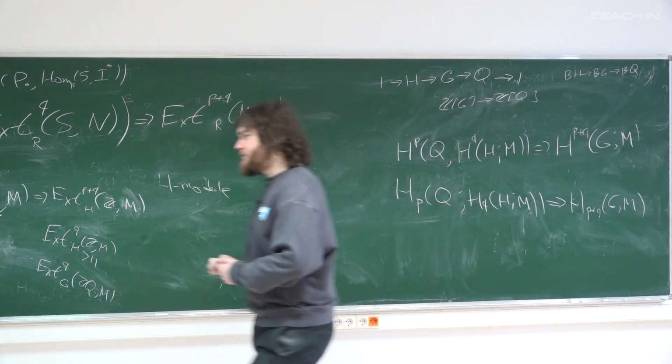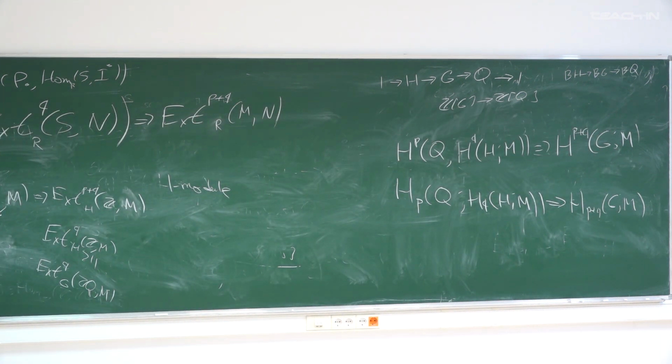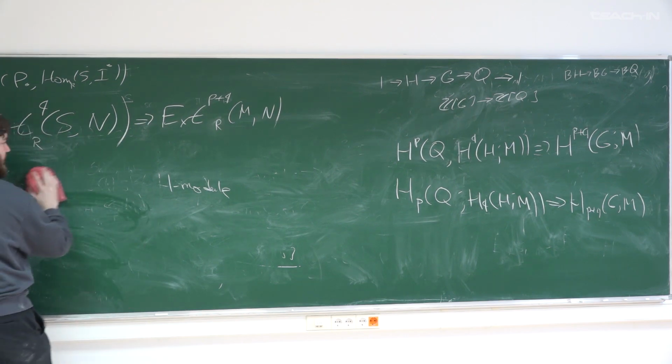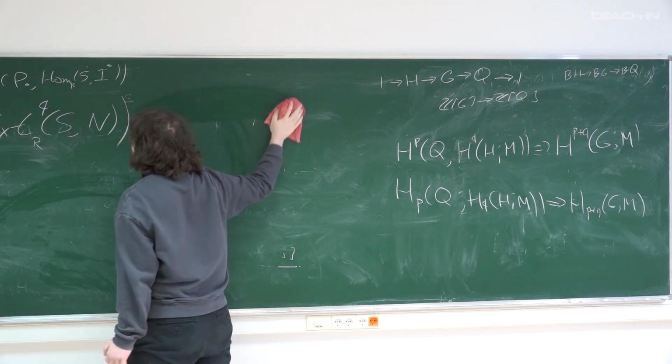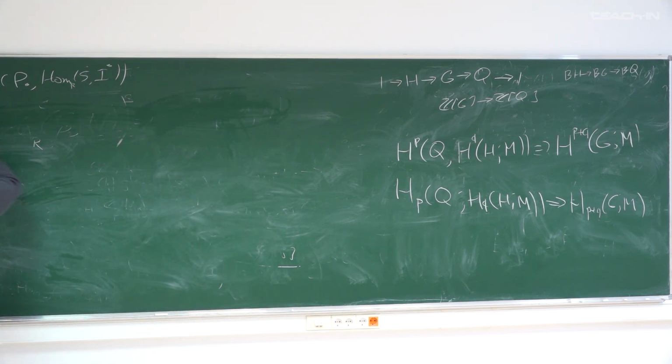Okay, now if you have a spectral sequence of the first quadrant, you always have a 5-term exact sequence. For example, consider the homological one first.